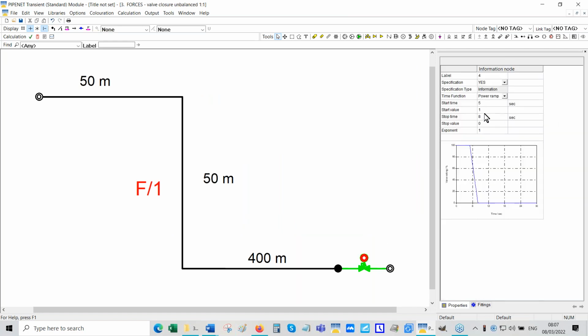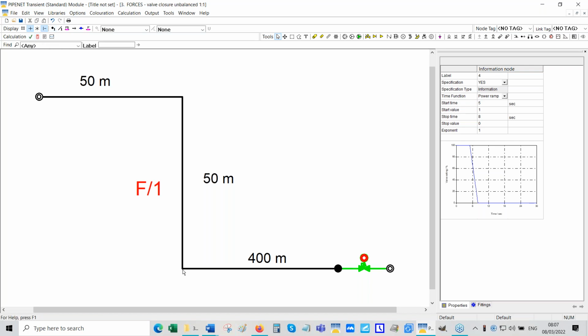Now, I'm considering the valve to take a more realistic time to close. At 5 seconds fully open, at 8 it's fully closed. And so it takes 3 seconds to close. And I want to calculate F1. And my supposition is initially this will be a large value.